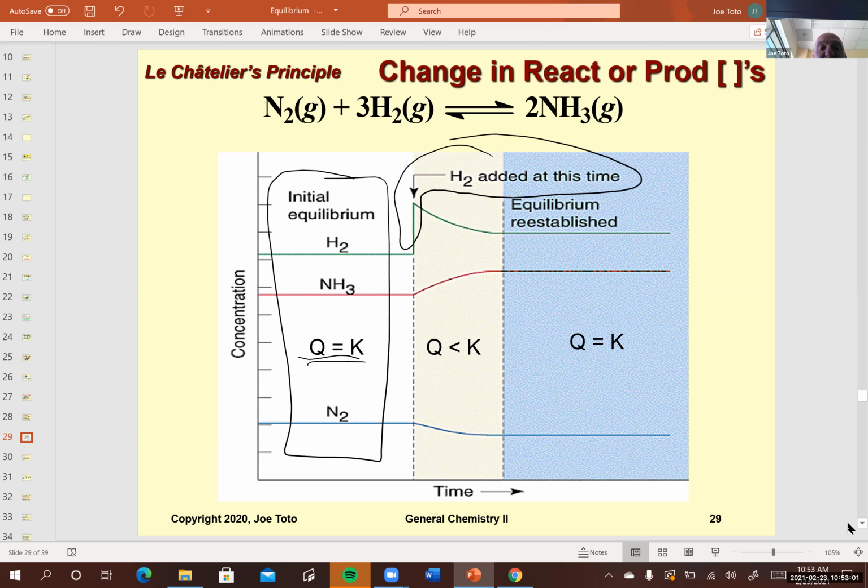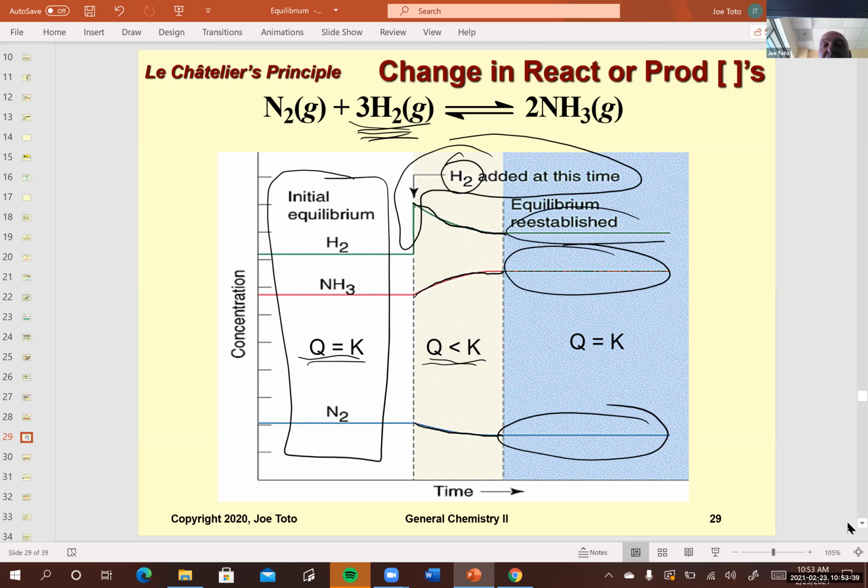Now, Q is less than K because we have too much reactant. So Q says the reaction's got to shift to the right, and so does Le Chatelier's principle. Le Chatelier's principle said, hey, the stress is too much H2, we shift to the right, therefore the amount of H2 goes down. The amount of product, of course, has to go up, and the other reactant goes down a little bit here until equilibrium is reestablished. And Q again equals K.